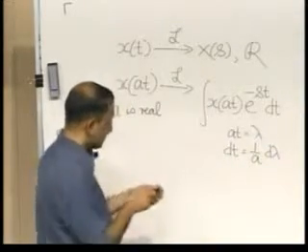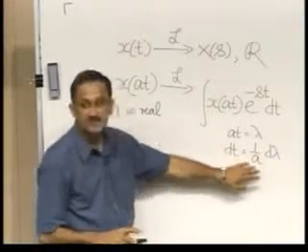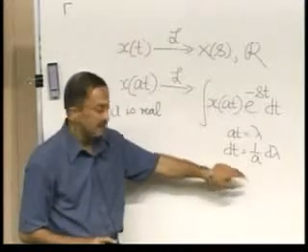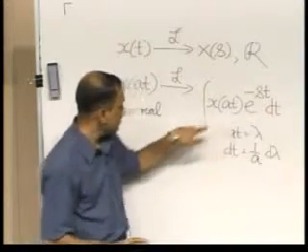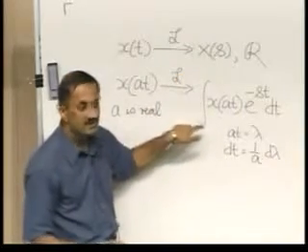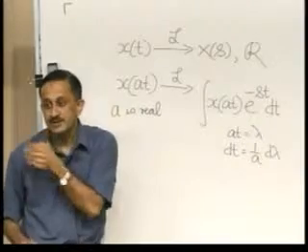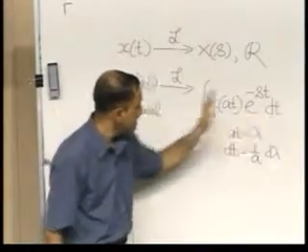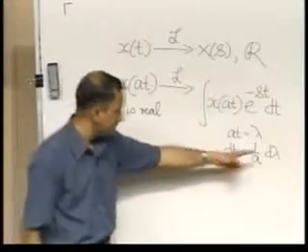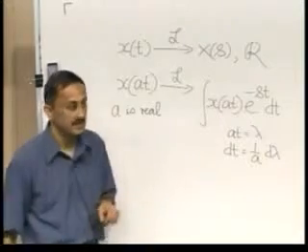And here we must make the following observation. a can be either positive or negative. If a happens to be positive, then when t runs over the entire real axis, so does lambda in the same order. So, it runs from minus infinity to plus infinity, and therefore dt and d lambda by a coincide, and in fact, we do not need to change the limits.